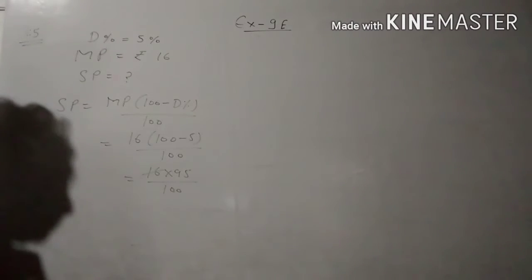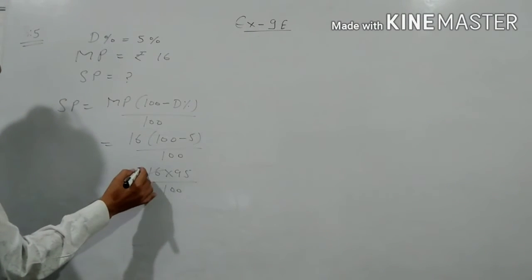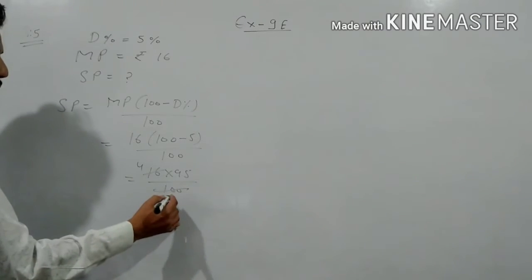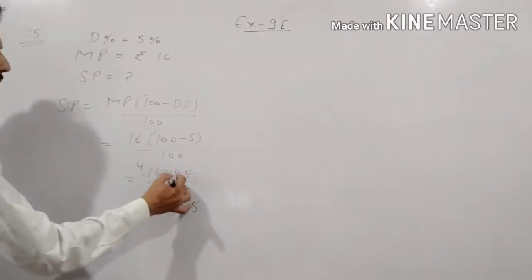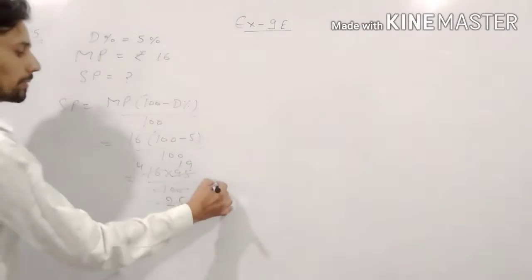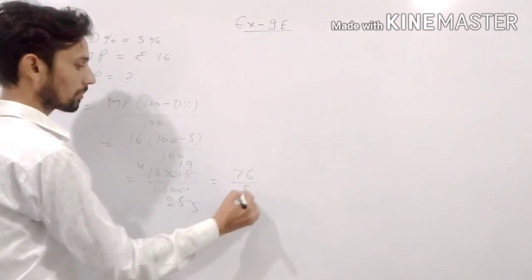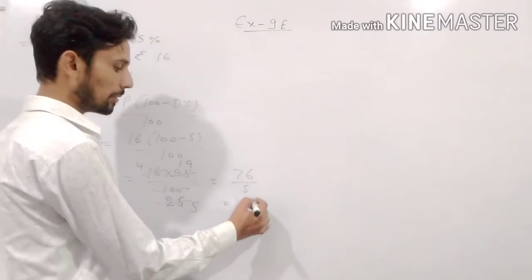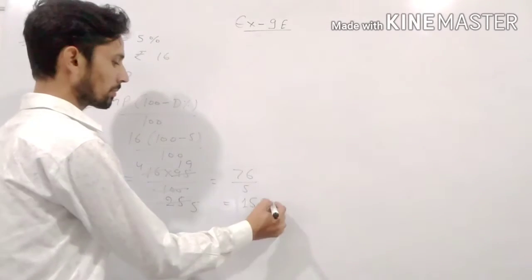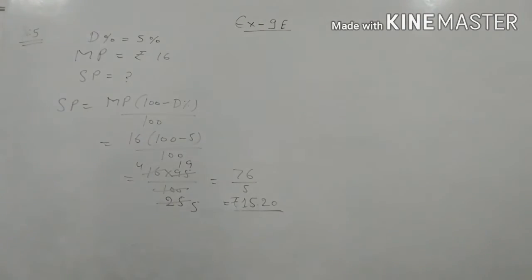So 4 2s are 8, 4 4s are 16, 4 5s are 20, 5 5s are 25, 5 1s are 5, 5 9s are 45, 19 4s are 76 upon 5, 5 1s are 5, now 26, 5 5s are 25, 2 here, so 15 rupees 20 paise.